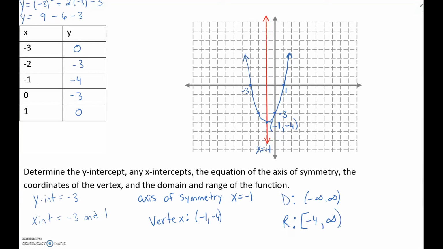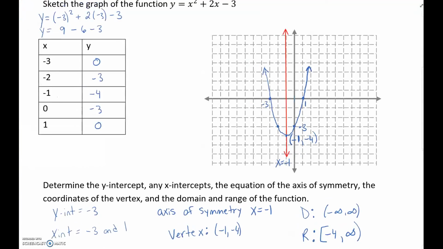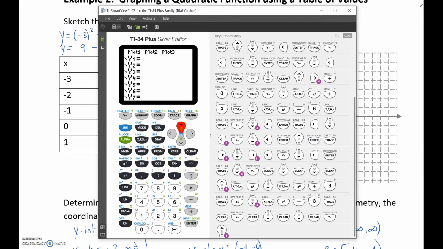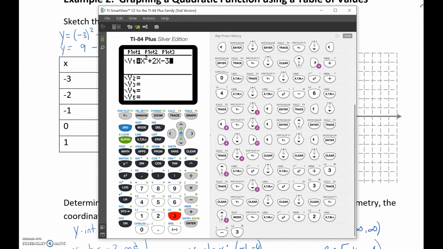That's instead of being given the graph, you're generating the graph from a table of values given the equation. And we know that if we're given the equation, we could also put that into our graphing calculator. Okay? We could actually put that one into our graphing calculator, and if we do that, we get x squared plus 2x subtract 3.